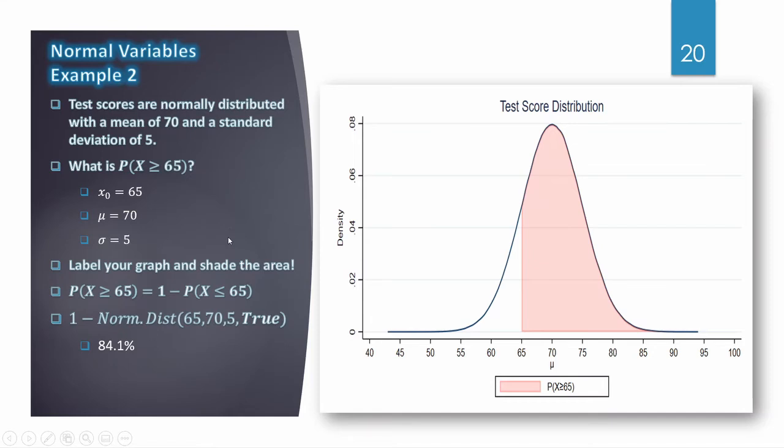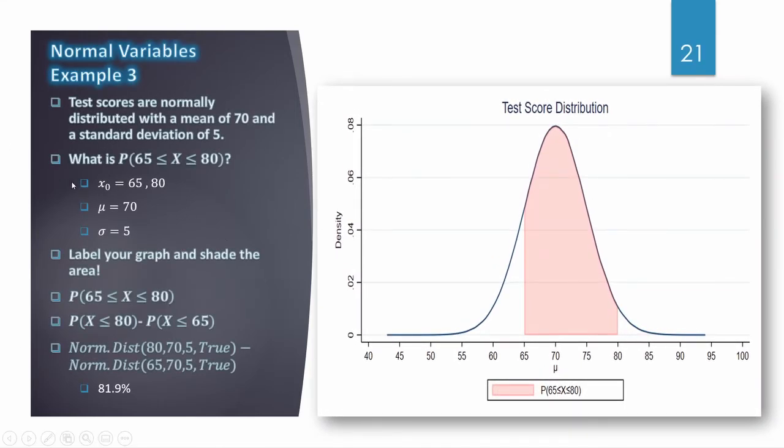So in order to get greater than or equal to it, what we're going to have to do is rearrange the expression using our 1 minus trick that we implemented in our binomial distribution applications, where we say that the probability of seeing a test score above 65 is 1 minus the probability of seeing a test score below 65. And so we can then plug into Excel 1 minus norm.dist of this threshold value 65, the population mean 70, the standard deviation 5, and again, for the cumulative argument, we're going to put true. This is going to give us an 84.1% chance of seeing somebody score at least a 65% on this test.